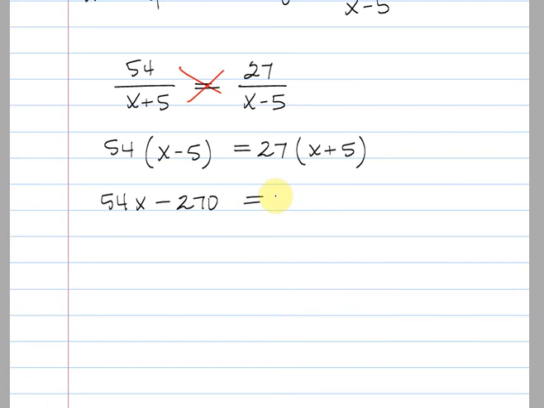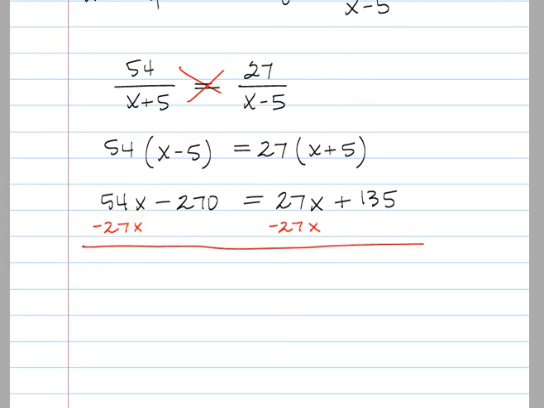On the right side, distributing the 27 gives me 27x, and 27 times 5 is 135. I'm almost home free here. So I'm going to subtract 27x from both sides to get all my variable terms on the left. That gives me 27x minus 270 equals 135.